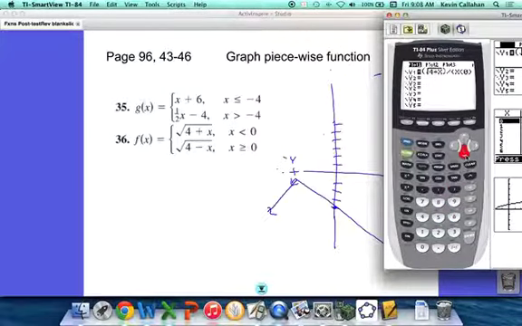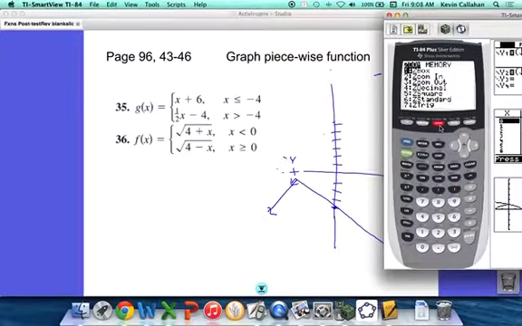And then put the next one on this line, parentheses, the square root of 4 minus x, arrow out of that, right parenthesis, divide, left parenthesis, x is greater than or equal to 0. X, second math, greater than or equal to is a 4, 0.